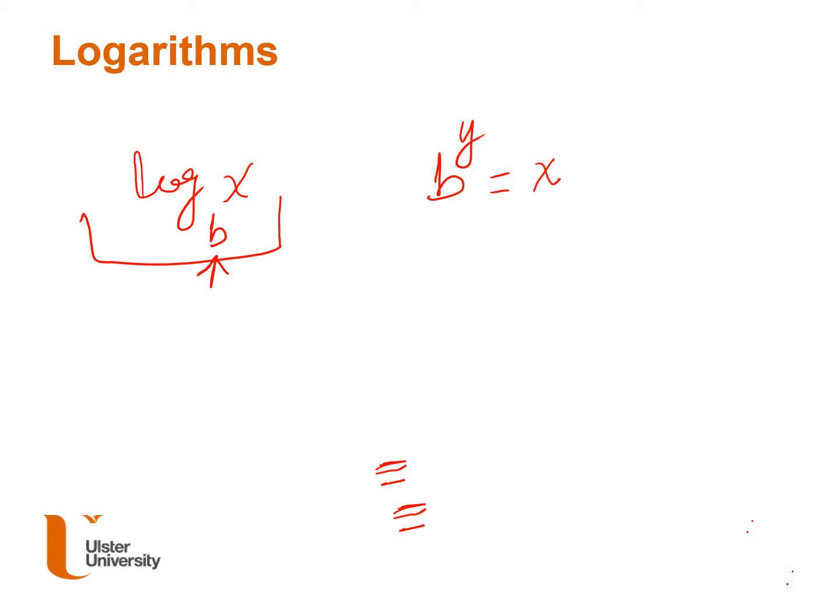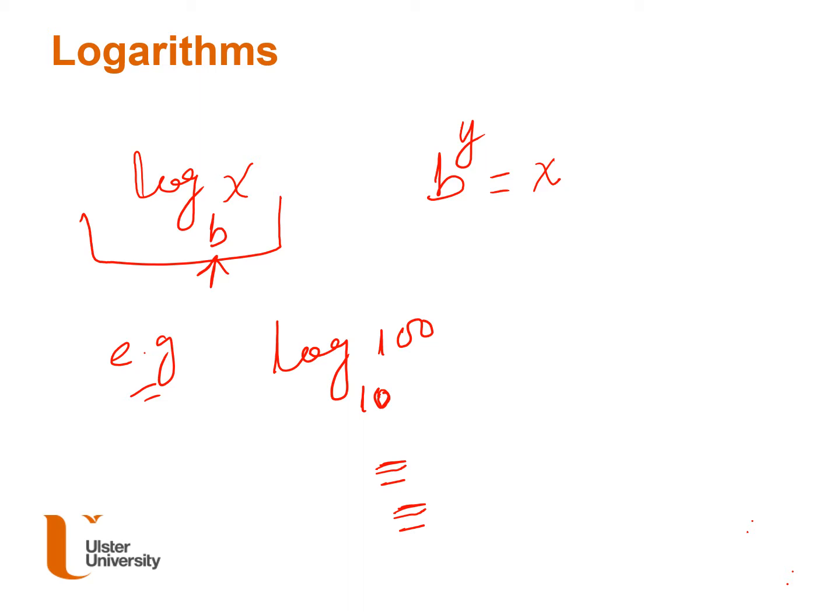Or we can write, for example, log of 100 with respect to base 10. So we need to think, what is a number that we have to raise the power 10 to get 100?